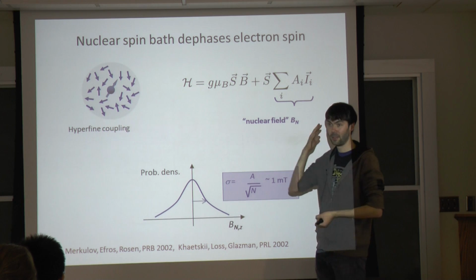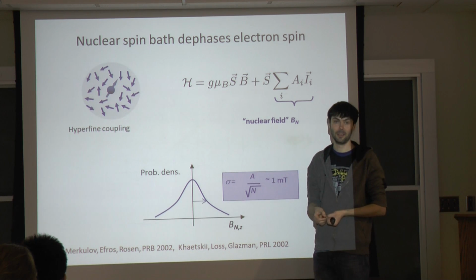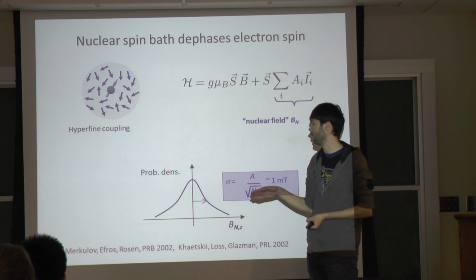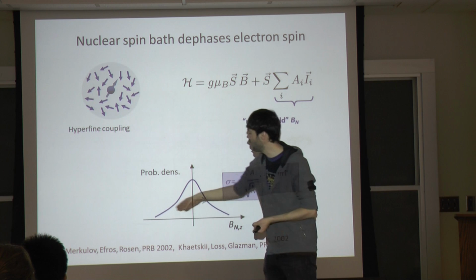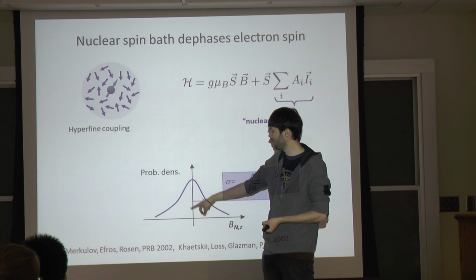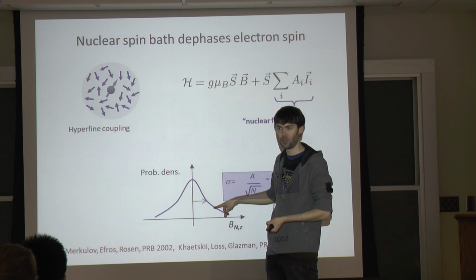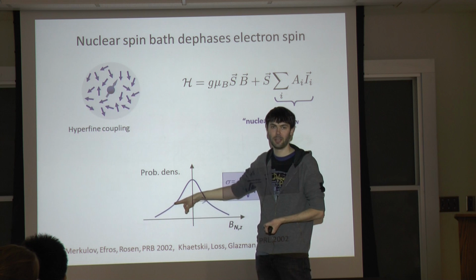And so from that 5 Tesla, it comes down to about a millitesla fluctuating field. So the field will be anywhere between 5 Tesla and minus 5 Tesla. Most of the time it will be 0, and most often it will be within 1 millitesla of that 0.